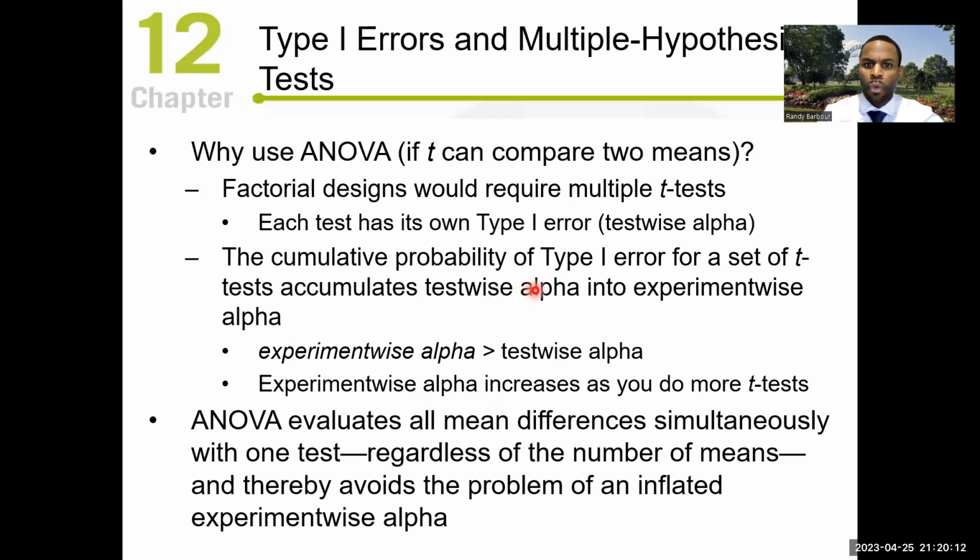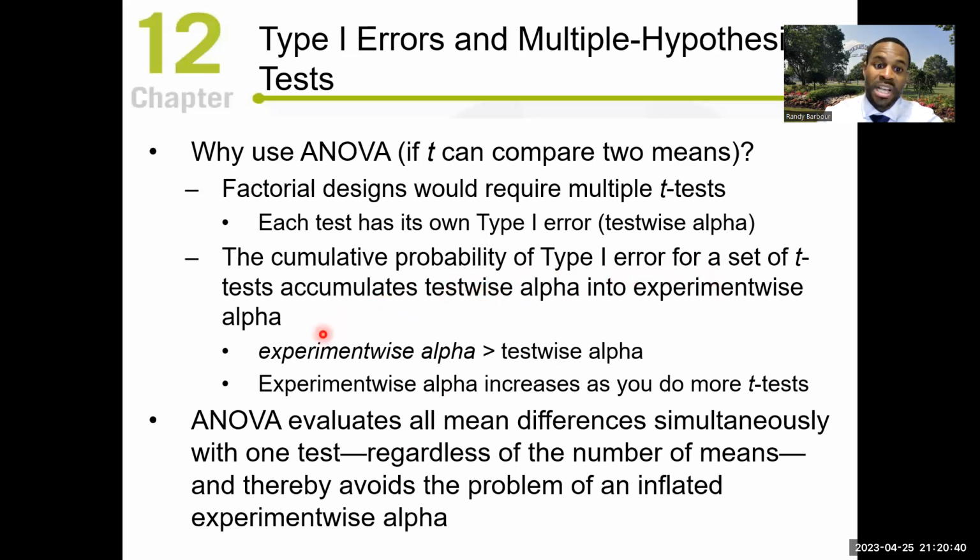So when we talk about each test having its own type 1 error, that is what we consider a test-wise alpha, right? And so that's that 5% that we talked about, because the significance level serves as the probability that I'm going to make a type 1 error, right? The cumulative probability of type 1 error for t-tests accumulates, right? Test-wise alpha turns into experiment-wise alpha.